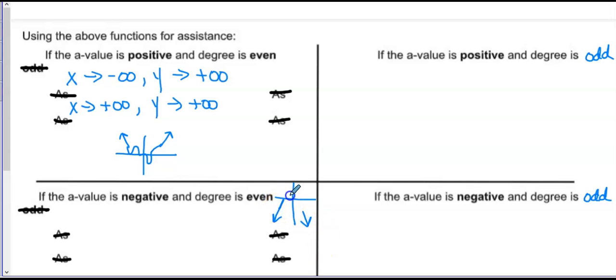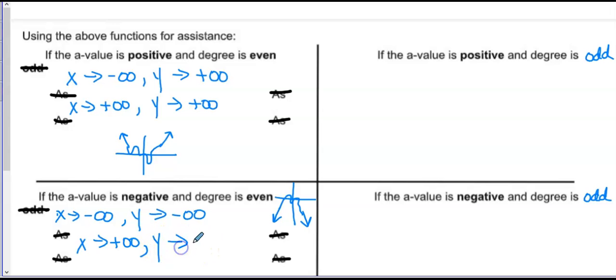So again, you could have all kinds of stuff going on here, but this is what your arrows are going to do. So as x approaches the left, negative infinity, so that's the left of the graph, y will approach negative infinity. And the right side of the graph, y also approaches negative infinity. So what you might notice is if the degree is even, the y's do the same thing on both sides.